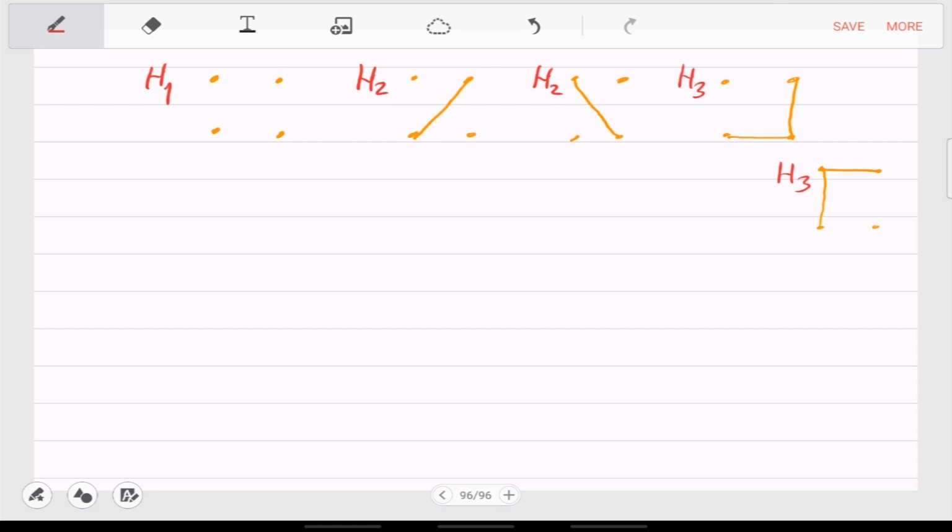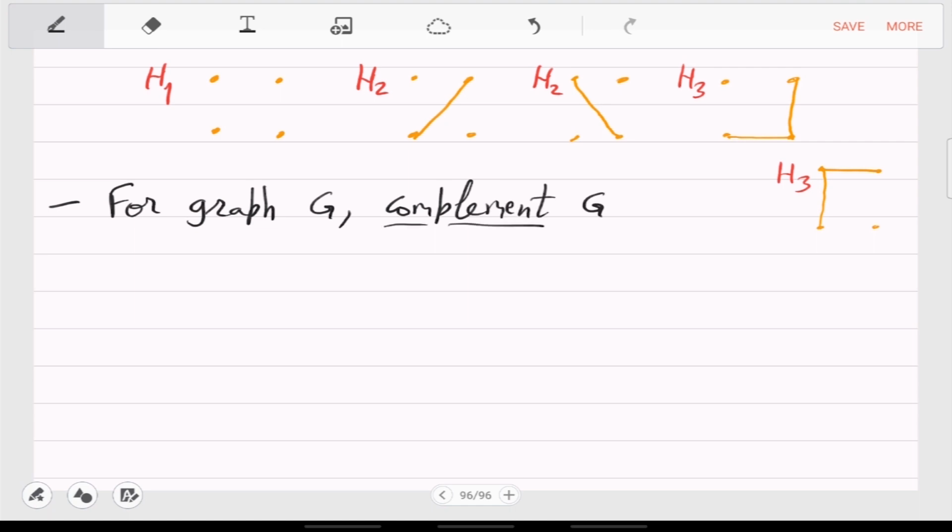And then mathematically you can write that down. Okay, so for graph G, you can define a complement graph, which is the graph with vertices the same, but edge set is what?